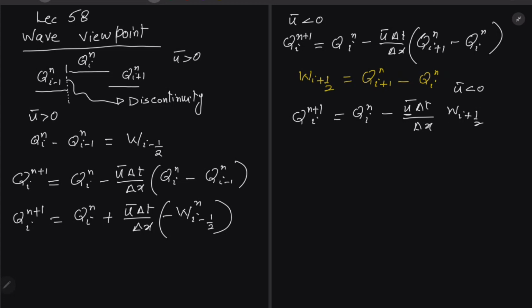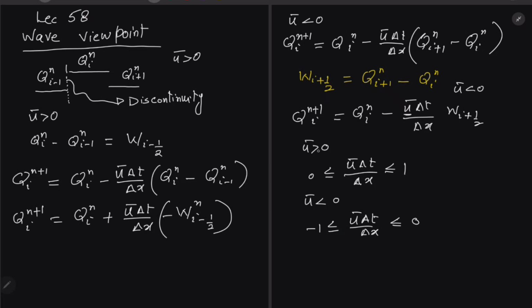We earlier saw that there are two conditions. When u bar is greater than 0, u bar delta t by delta x was from 0 to 1. When u bar is less than 0, u bar delta t by delta x is greater than minus 1 and less than 0. This is very inconvenient to write, because you always have to think about whether the velocity is positive or negative.